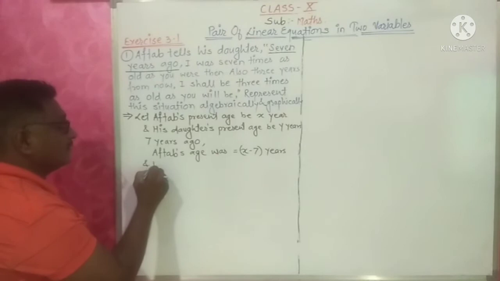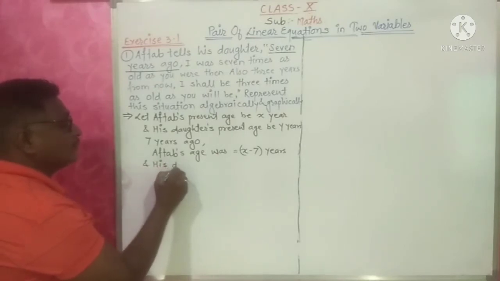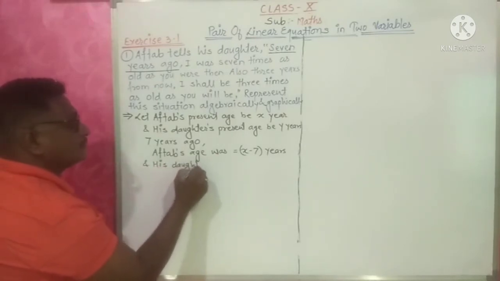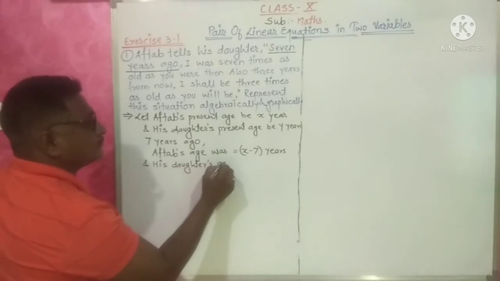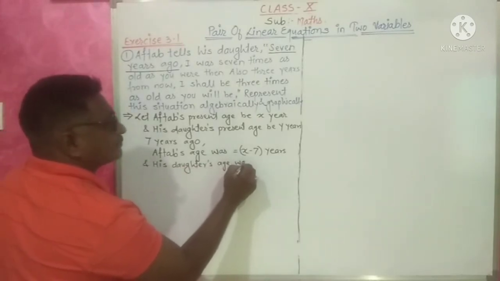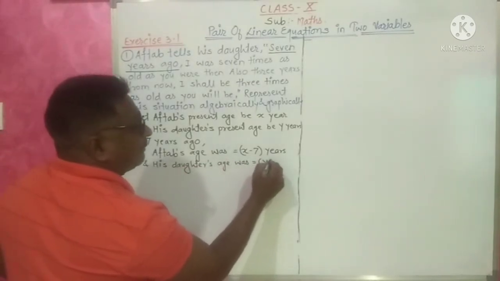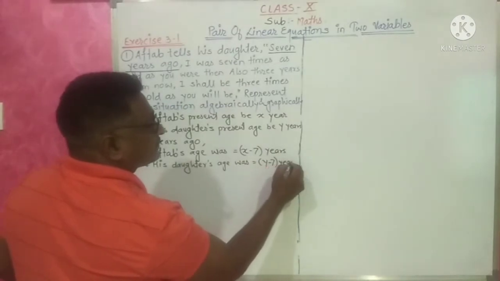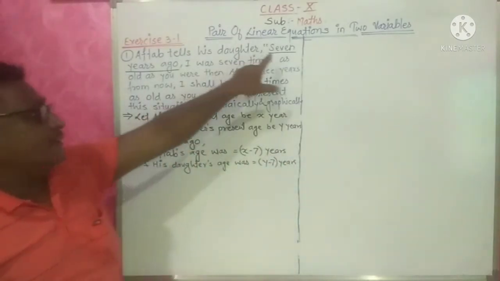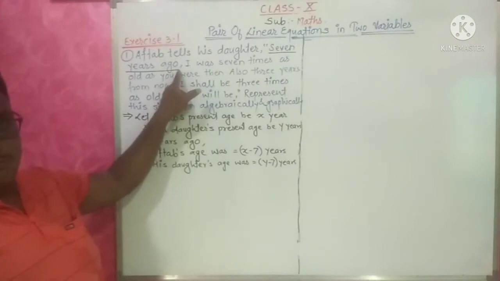And his daughter's age was y minus 7. This is the meaning of 7 years ago.